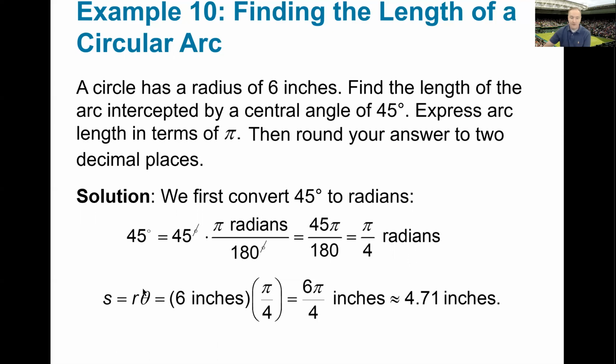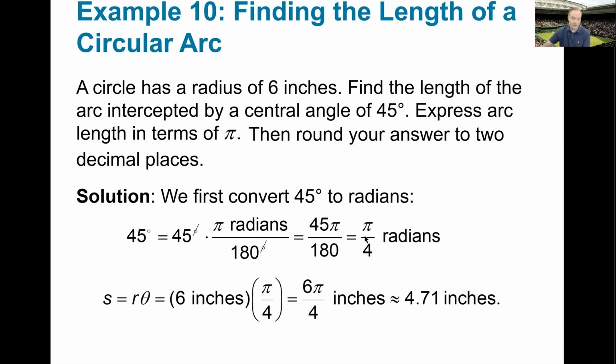So when I do S equals R times theta, I'll say, well, my radius is 6 inches. Theta, can I multiply by 45? No. But I can multiply by the radian equivalent to 45. Now, you might already just say, well, I know 45 degrees is pi over 4 radians. Can I just put that in there? Of course. Or you could show it up here. 45 degrees is going to be 45 pi over 180.